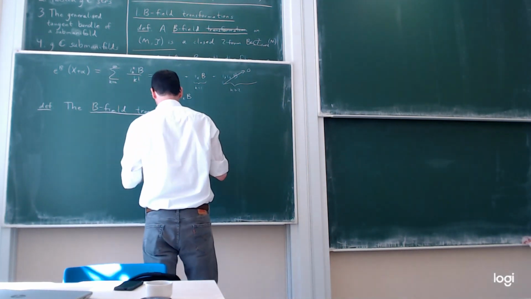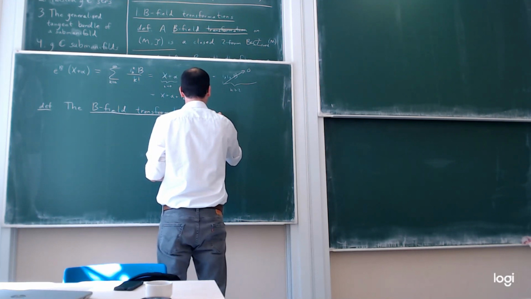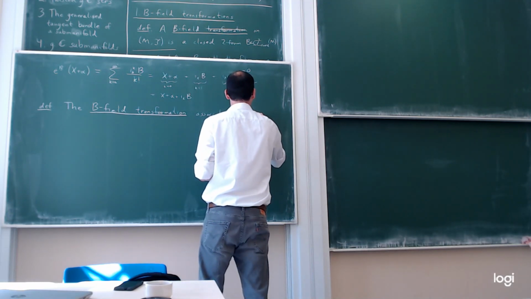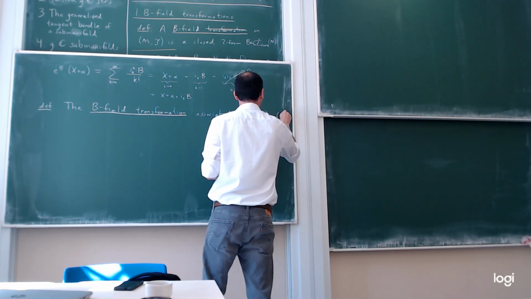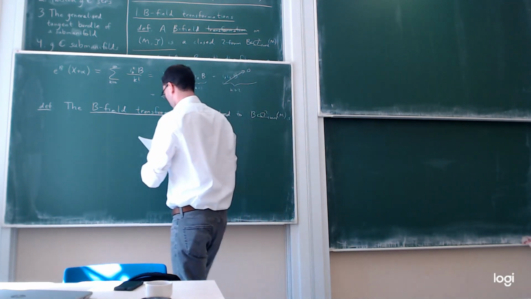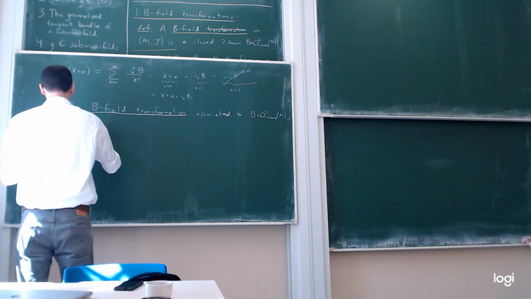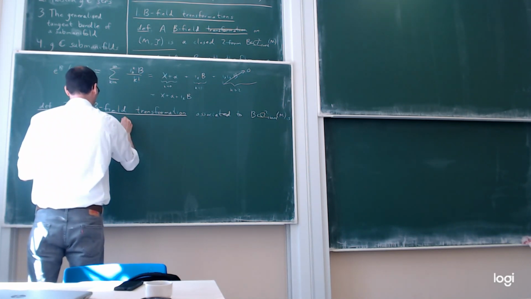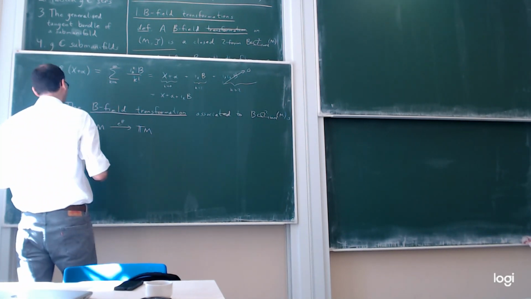The B field transformation associated to our two-form B is given by the fiber map on the extended tangent bundle described by the exponential of B.